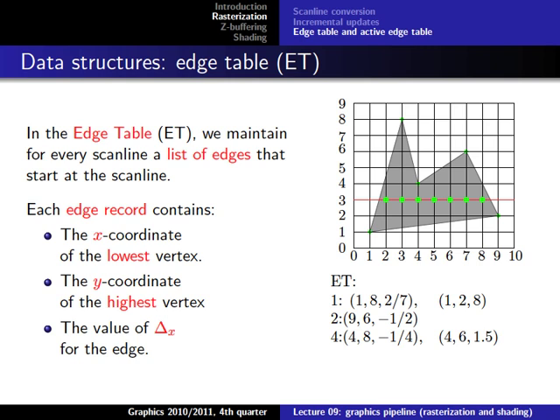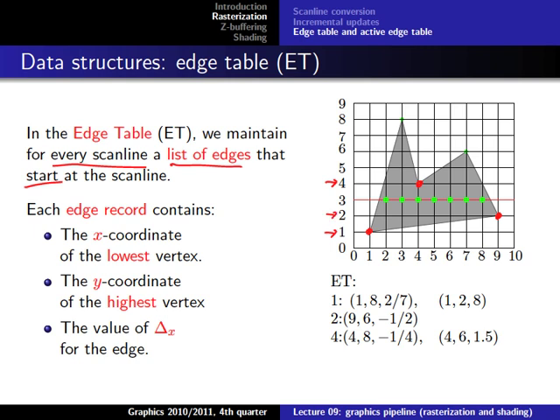The edge table contains, for every scan line, a list of edges that start at the scan line. So for the start of every edge, we have an entry in the edge table at the related scan line, and the index of the scan line is the y value of the edge.